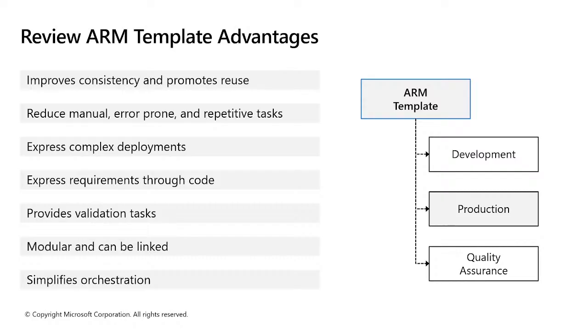Was it availability zones? Was it VMSS? And you keep doubting, you might go in there and just add maybe 1 TB as against the 512 GB that you are actually looking at. So it reduces manual, error-prone, and repetitive tasks.